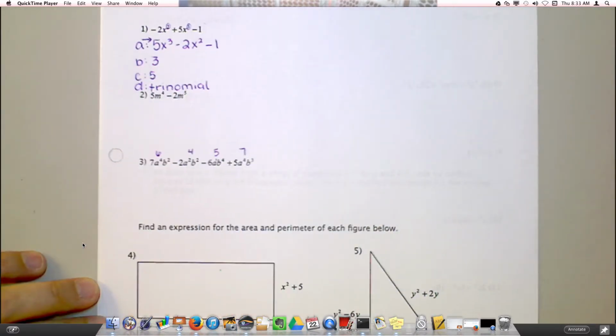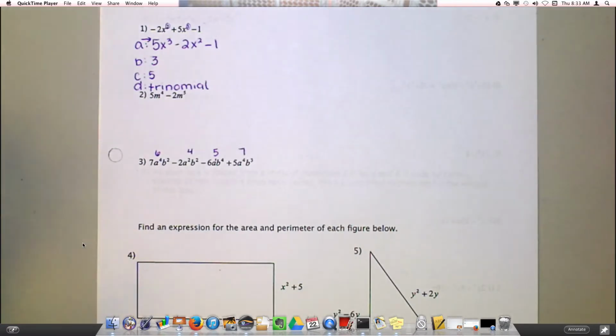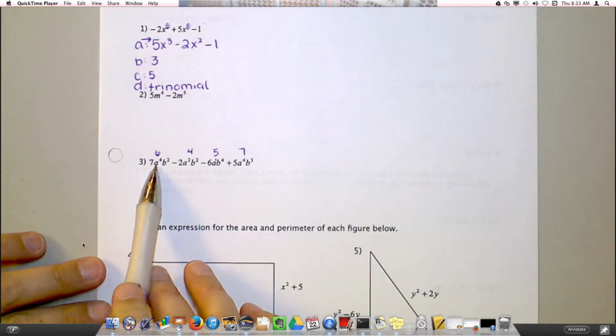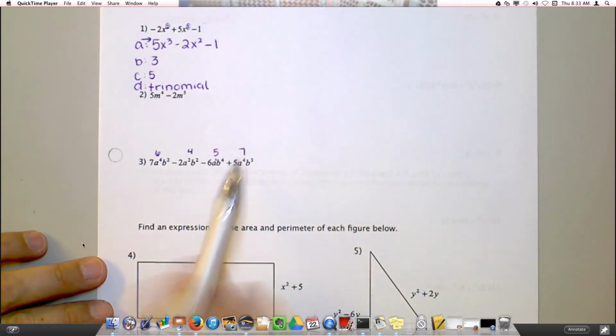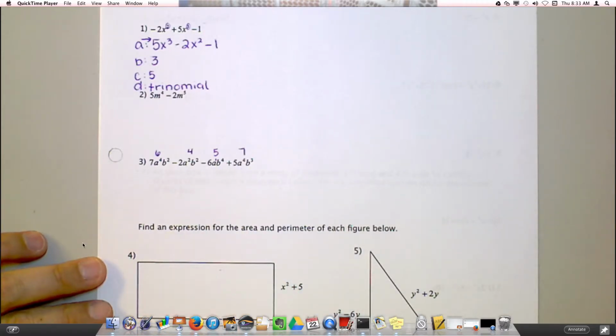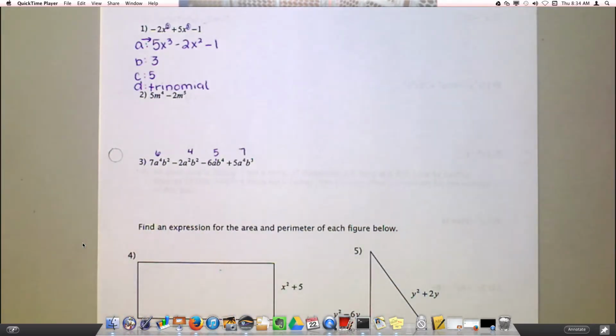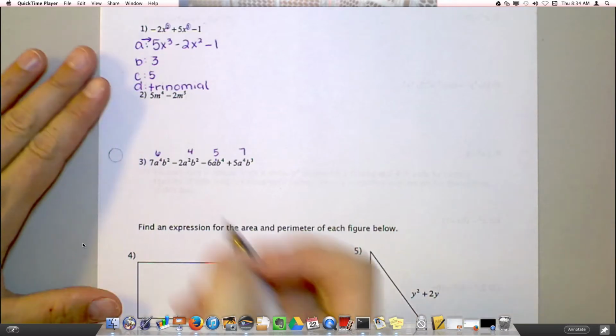The other thing that I would accept that is done with these is you could just say, I'm going to go by the A, and I'm going to put them in order by the A's, biggest to smallest. Okay? So I'm not going to get too stressed out. As long as it looks like you made an attempt to go from biggest to smallest with standard form with this, you'd be fine.